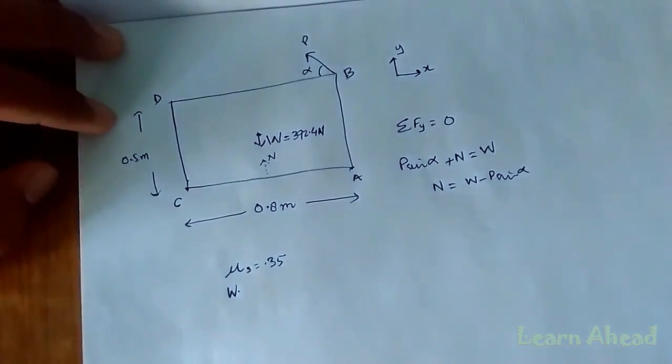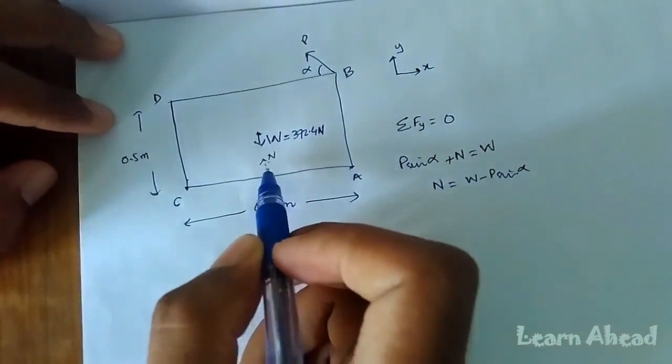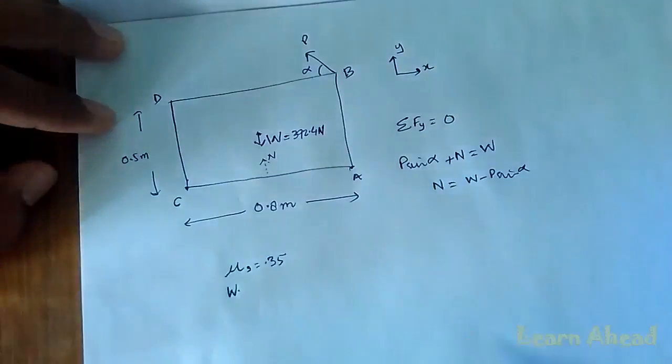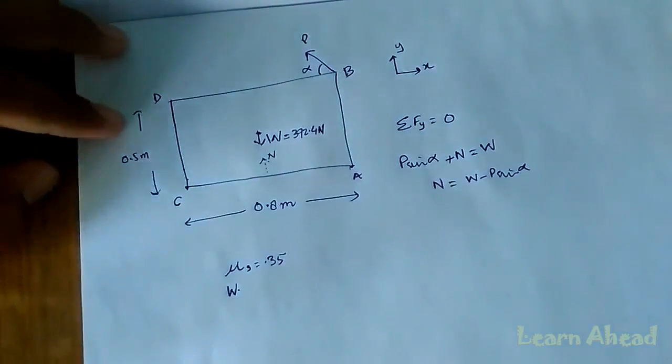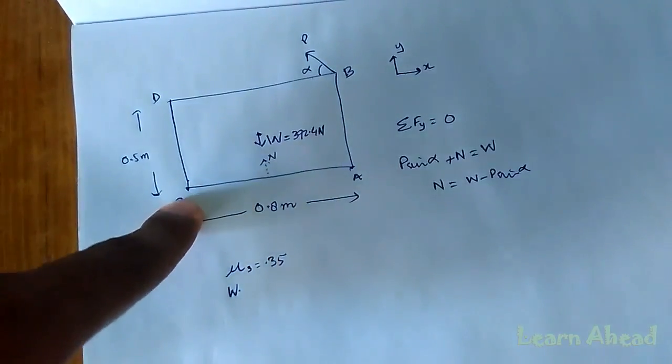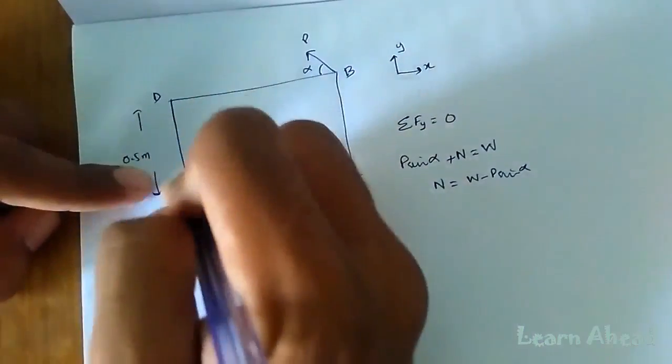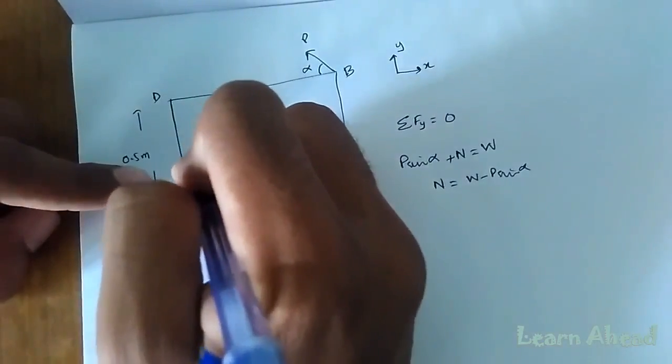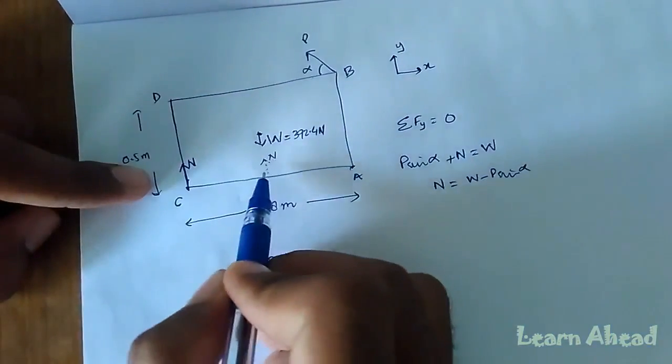Now just see, there will be some shifting of normal reaction to avoid the toppling. This normal reaction, instead of acting here, will act at the cornermost point C, like this. That's why I showed it with the dotted line.